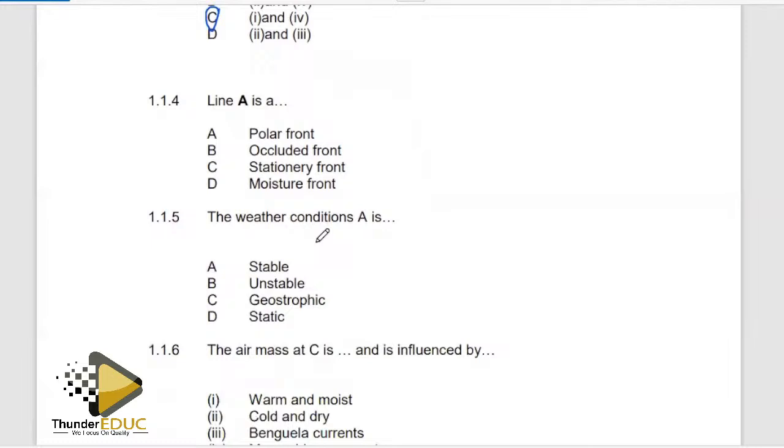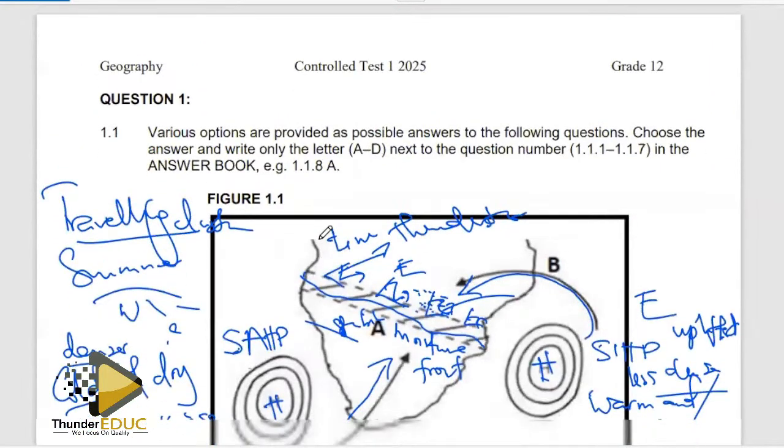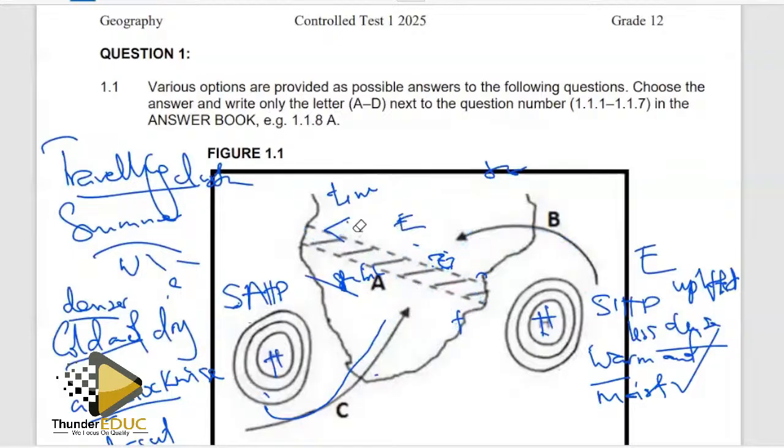Number 1.14, line A is a dash. Right, let's go to our illustration and check for line A. We can see A is demarcating the meeting of warm and moist air and the meeting of cold and dry air from the South Atlantic high pressure.